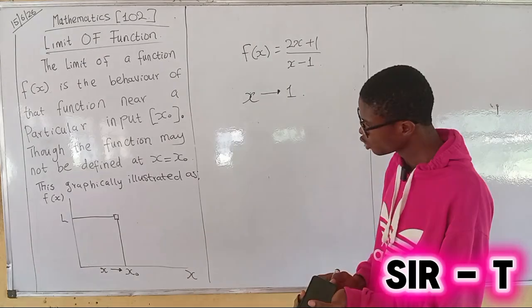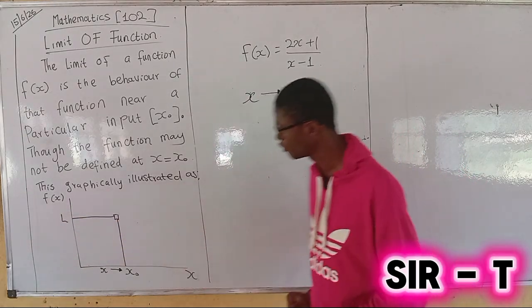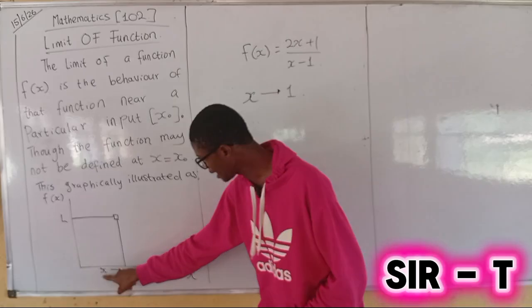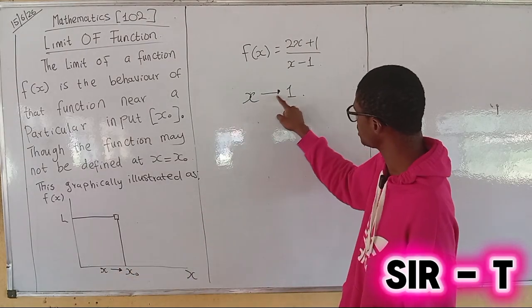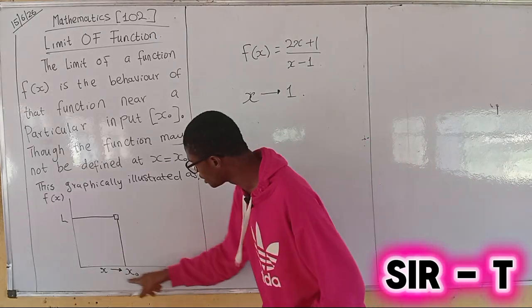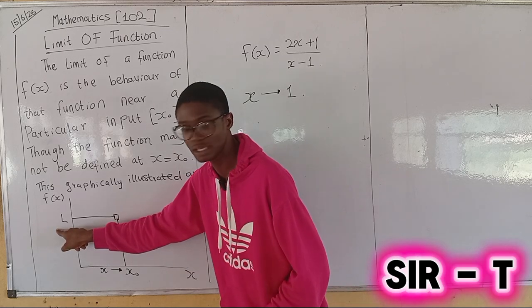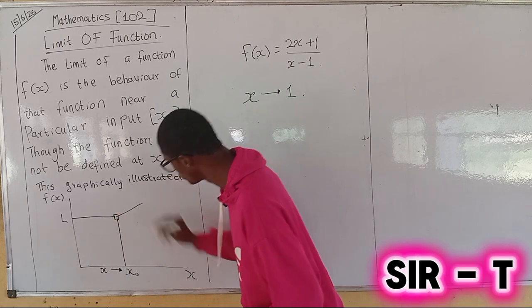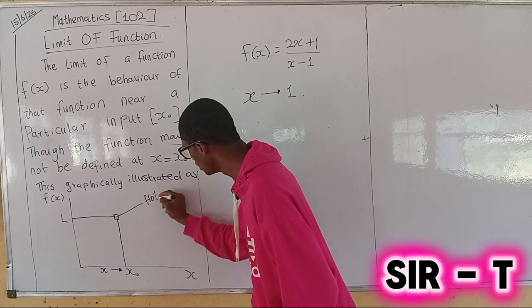I illustrated it using this graph. Now x is approaching x naught; in my own case, x is approaching 1, and 1 is my x naught. If x is approaching x naught, that's when we will get L. This small box I drew is what we call a hole.